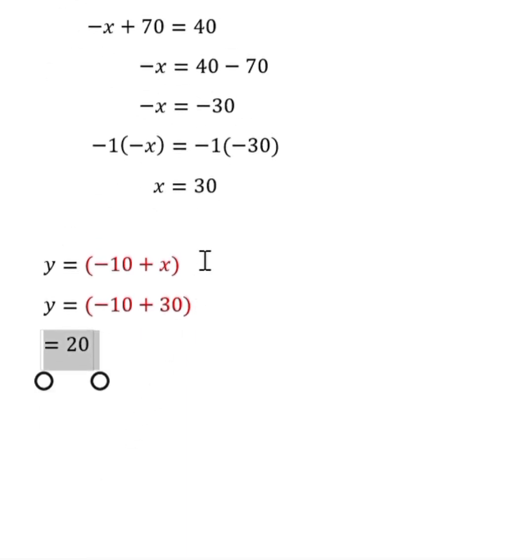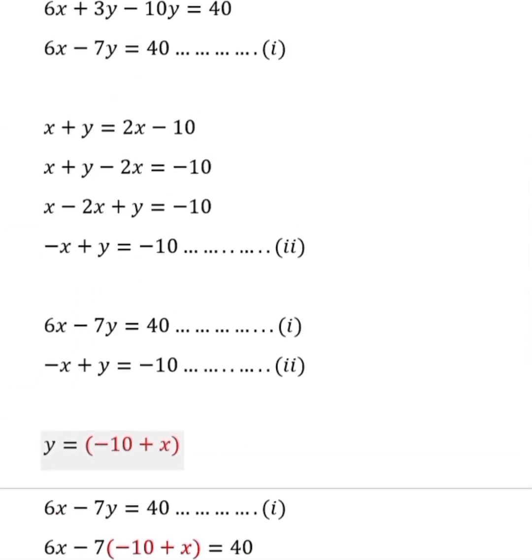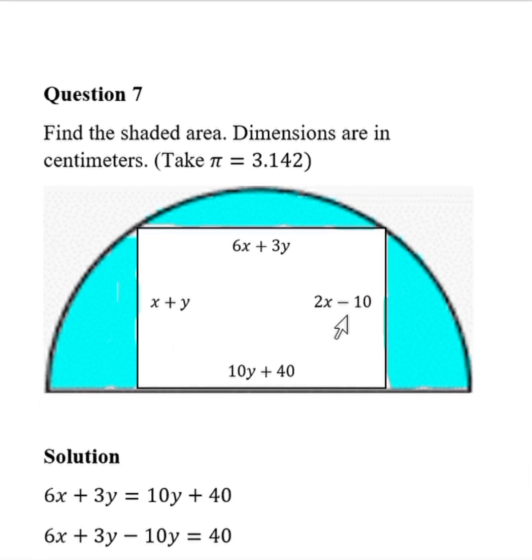So we have a value of x as 30, the value of y as 20. We can now go back to this rectangle here and substitute those figures there, and we can get the length and width. Now I've decided to take this algebraic expression to assist me get the actual length, and this one to assist me get the width.